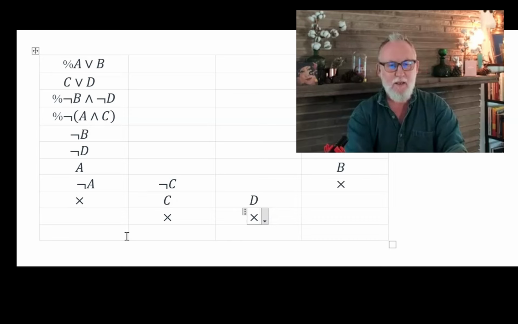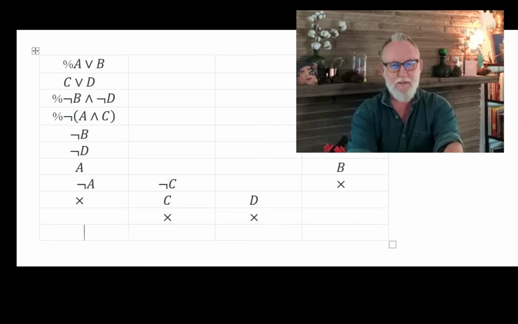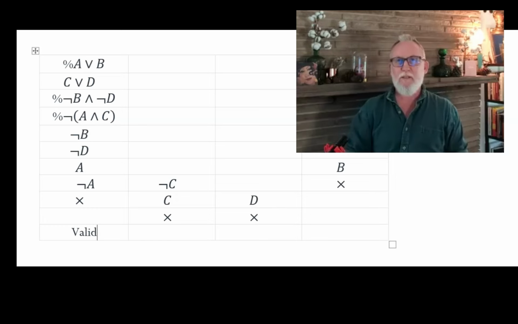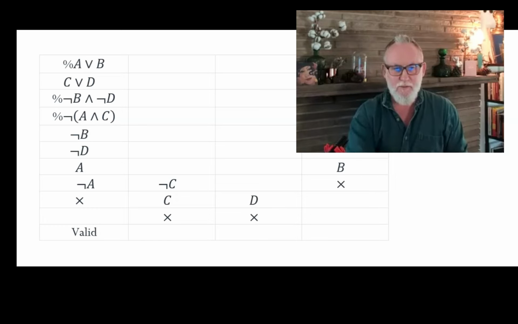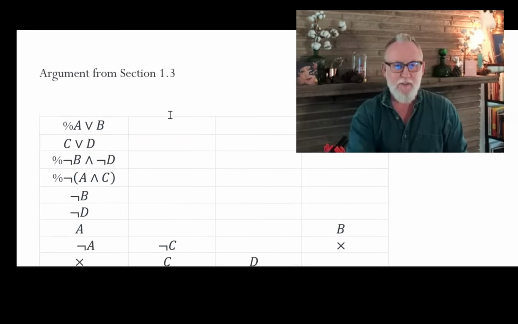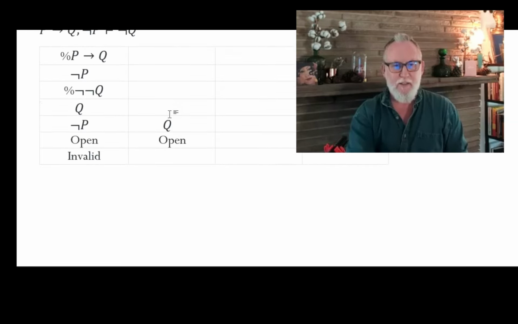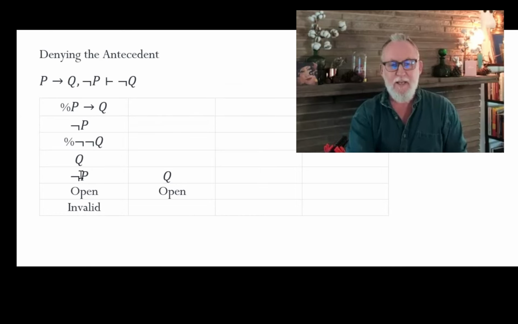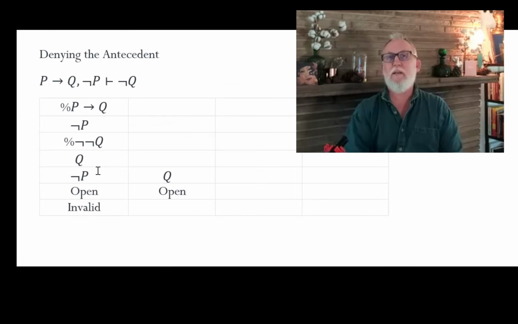All right. And so we see that this argument is valid because all of the paths close. If they close, following this procedure, you get valid. If they don't close, then it's invalid. Even if you just have one path through the tree that's open, then it's invalid.